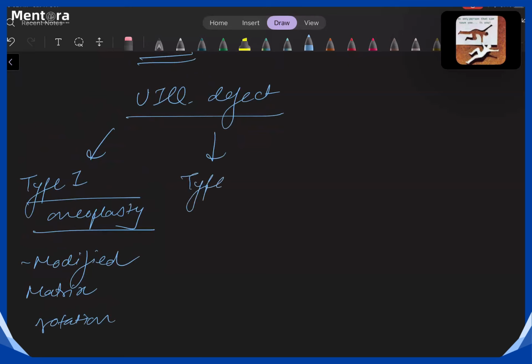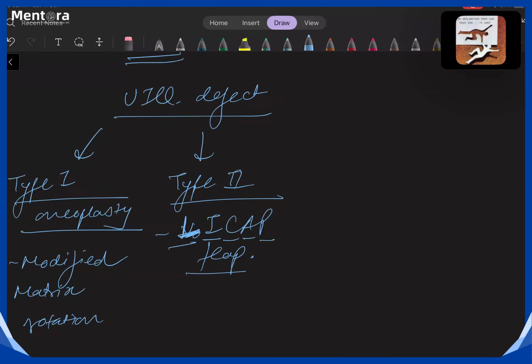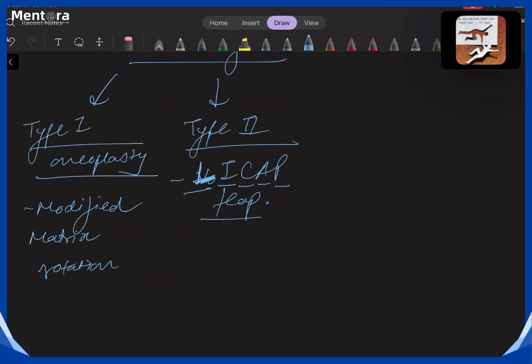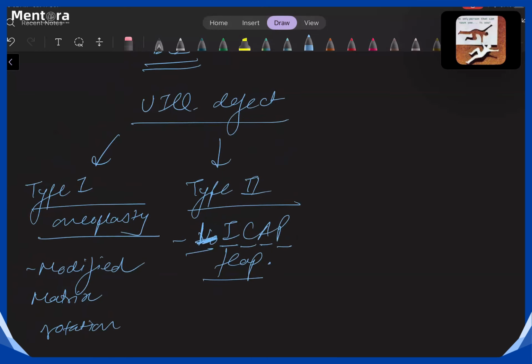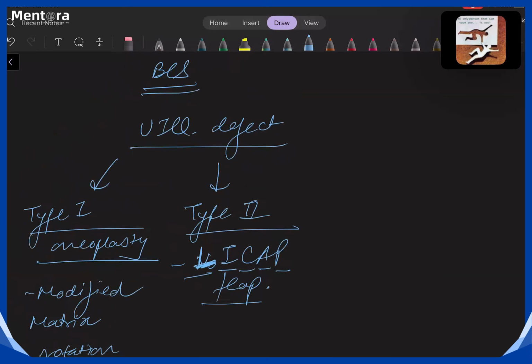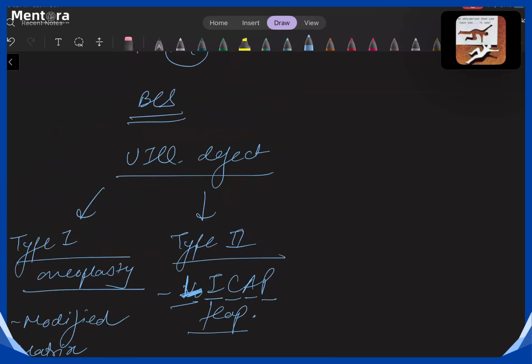Type 2 oncoplasty is a volume displacement surgery in which we have one option, that is the LICAP flap. LICAP stands for lateral intercostal artery perforator flap.